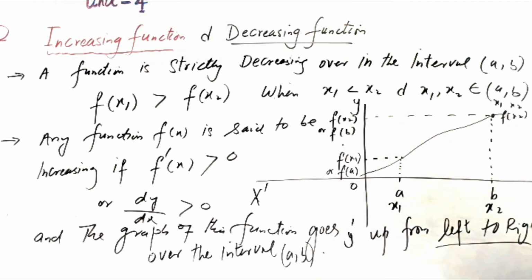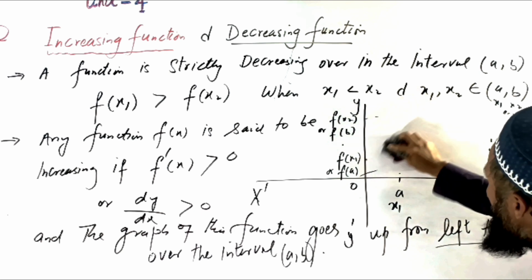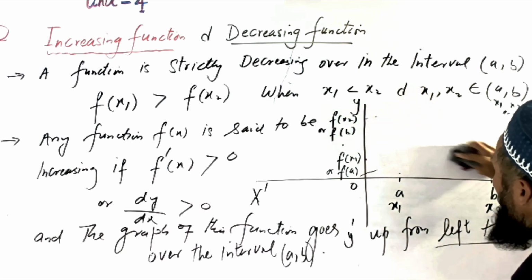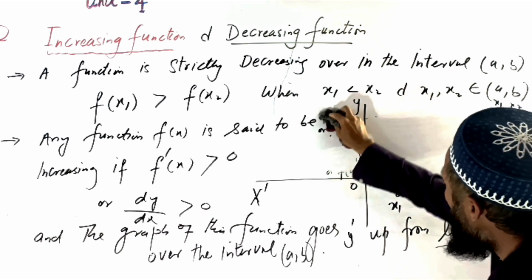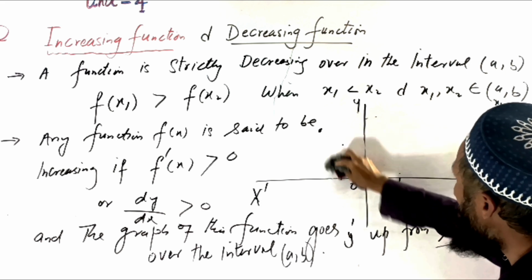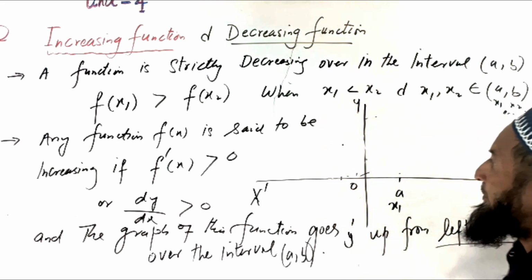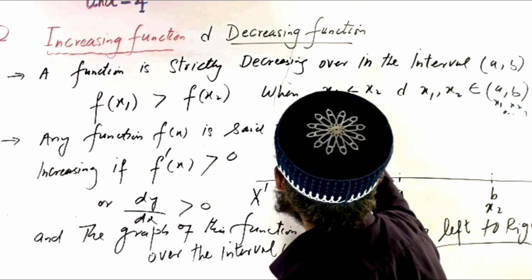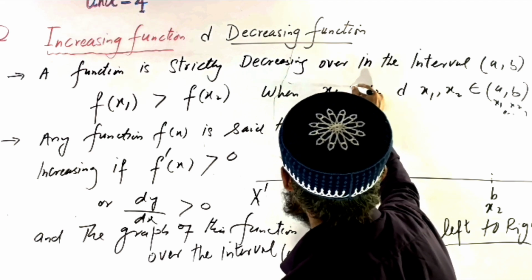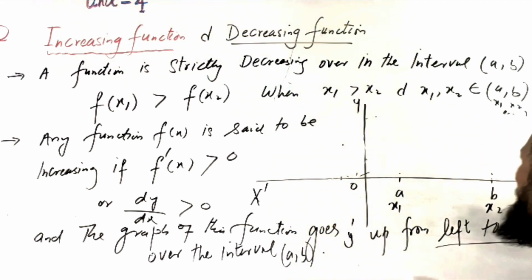We just change some points here. Here this point must be greater. Now the graph is also changed. f of x1 must be greater than f of x2 when x1 is greater than x2, and x1, x2 belong to this interval.